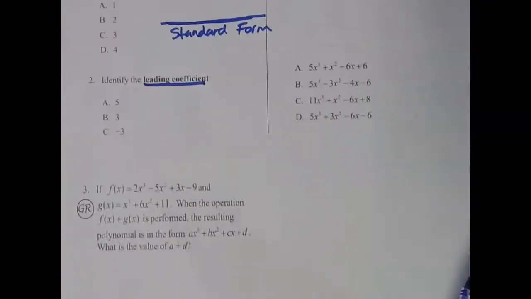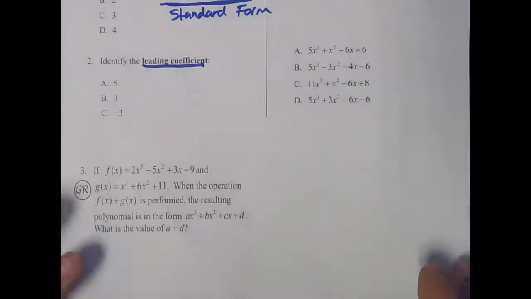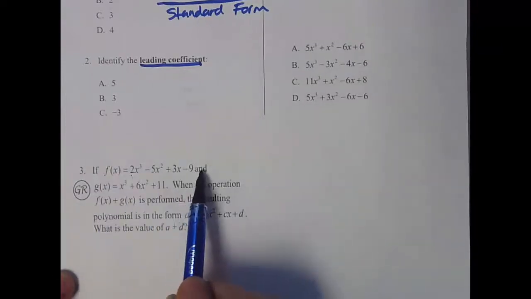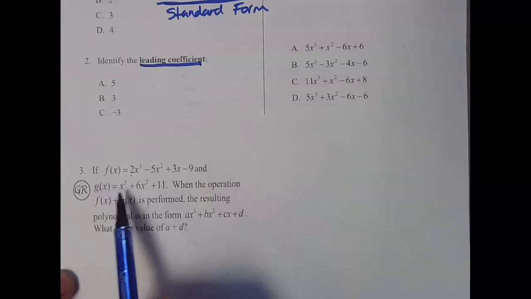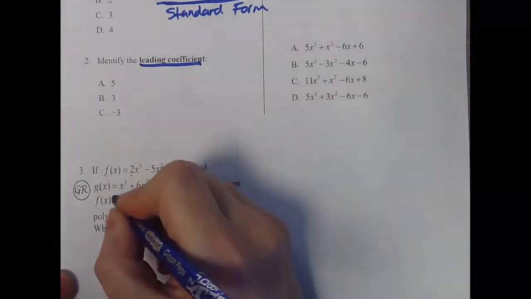Okay? Number 3, this looks like a lot of writing and everything, but you're going to be doing just very simple, either adding or subtracting. But it says if we have this function, this big long one here, and this one g, this one here, when the operation is you add them.